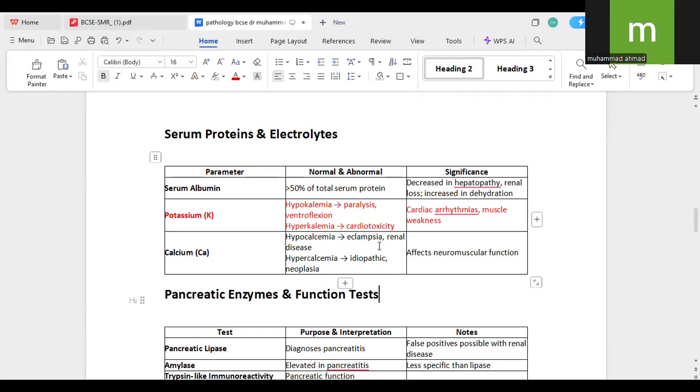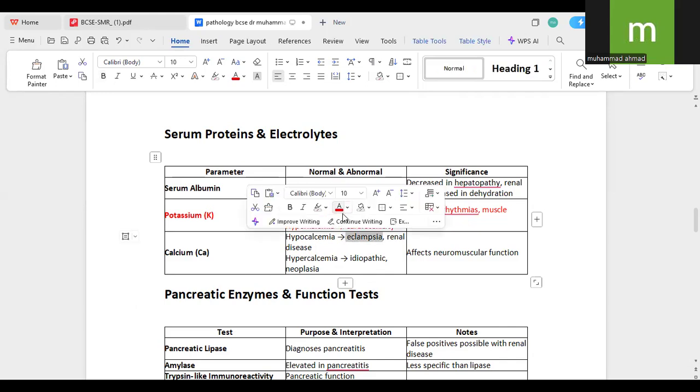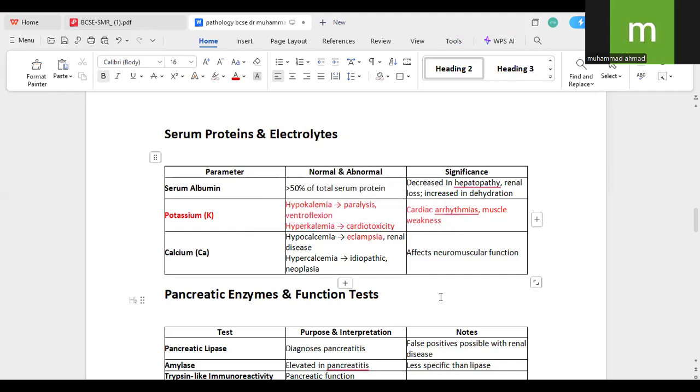Calcium: hypocalcemia, eclampsia. Eclampsia is basically, after a week in the pregnant mare or bitch, you can see convulsions, seizures due to the low level of calcium. This condition is called eclampsia. This is rare, but can be seen with low level of calcium in pregnant mares, bitches.